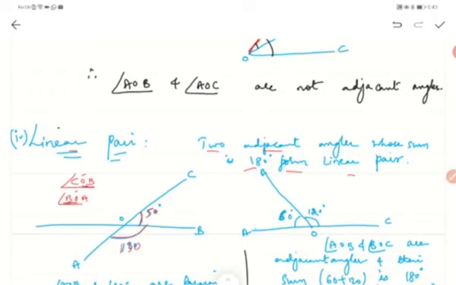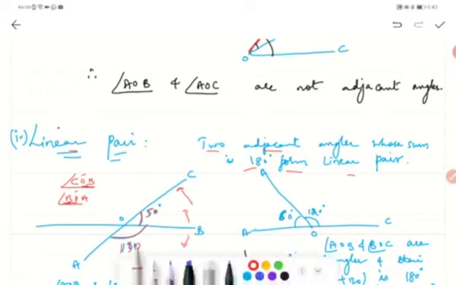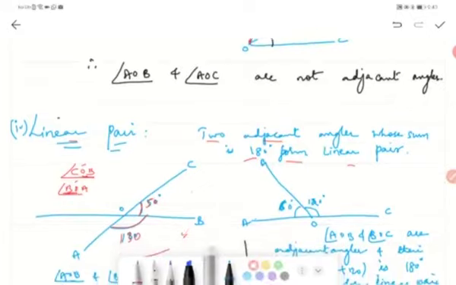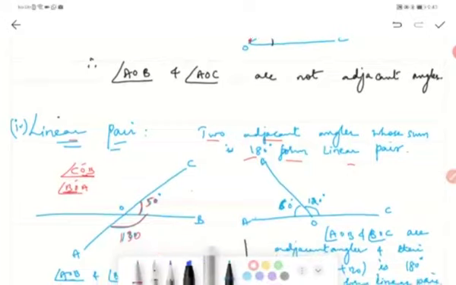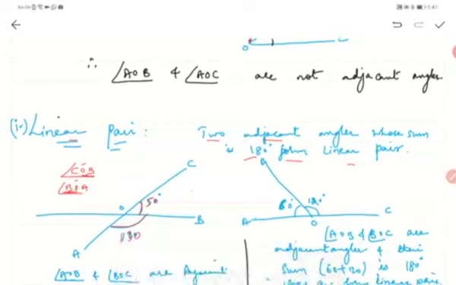They should be on either side, that is on both the sides. So to this side you have OC, isn't it? And this side we have OA, isn't it? On either side we have non-common arms. Therefore we say that angle COB and your angle BOA are adjacent angles. That is, the 50 degree and 130 degree angles are adjacent to each other.